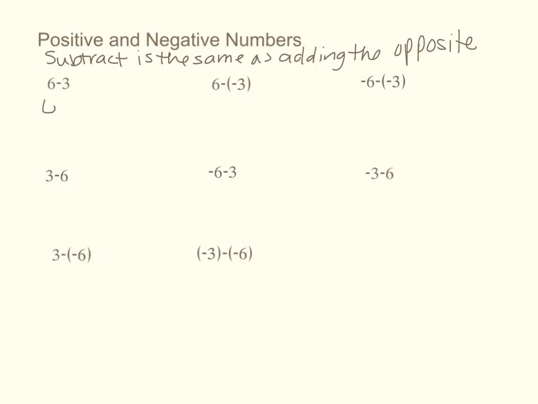It would be 6 plus, because it's subtracting here, 6 plus this 3 right here. This 3 is a positive 3. So since subtraction is the same as adding the opposite, the opposite of positive 3 is negative 3.